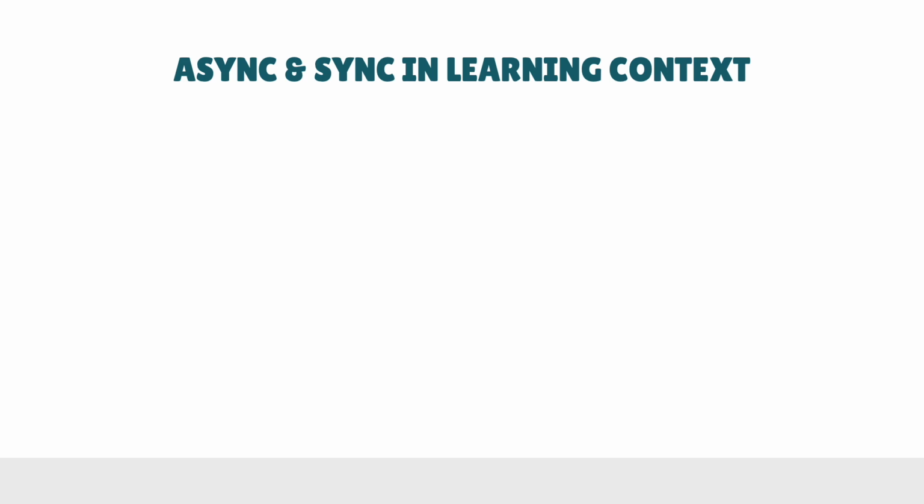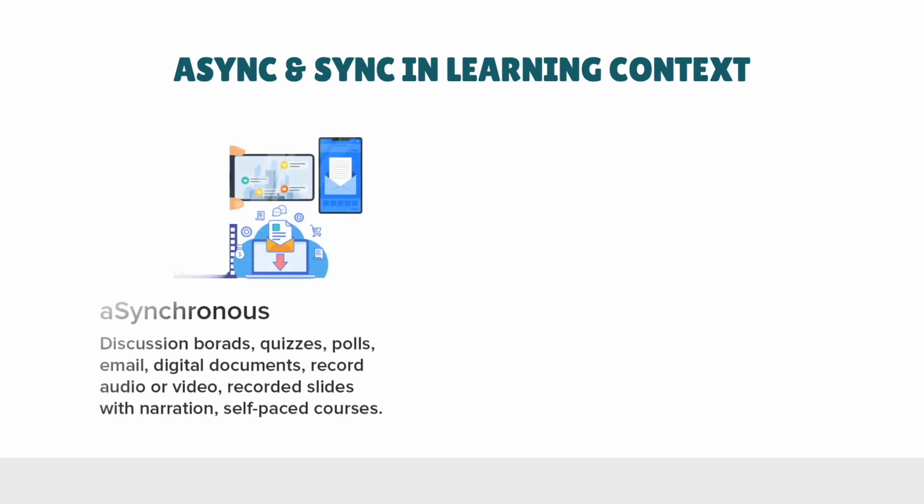So what about asynchronous and synchronous in the learning context? For the asynchronous communication, it can be in the form of discussion boards, quizzes, polls, email, digital documents, record audio or video, recorded slides with narration, just like what you are watching now, or self-paced courses.